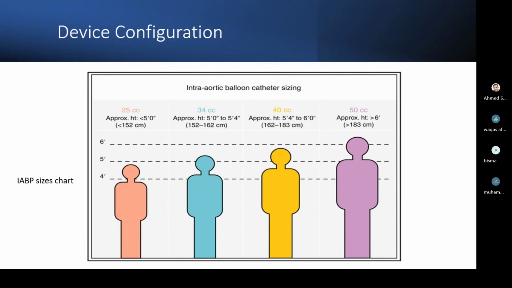I think it's easy to insert because the artery is a bigger size. Actually, what we consider is the body volume. If the patient is more bulky or fatty, he has less volume, but if he is muscular, he has more volume. So we can consider accordingly.